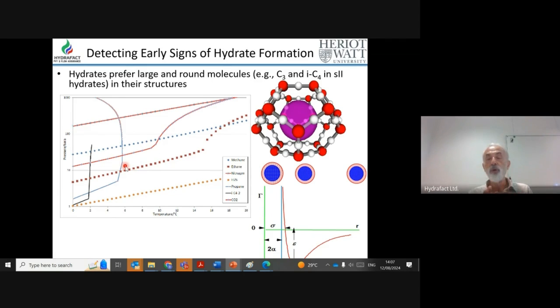So the key point I want to say to you is that when hydrates form, the composition of the hydrate phase is different from the gas phase.